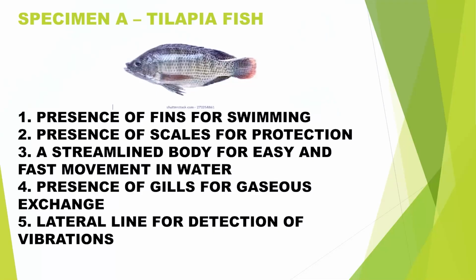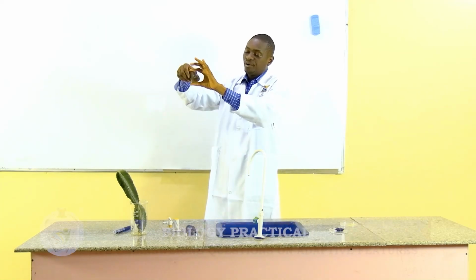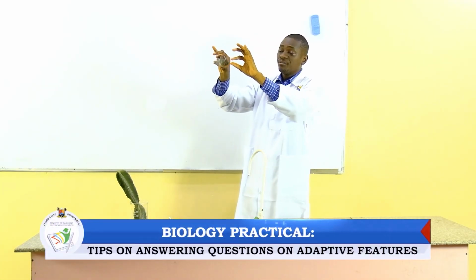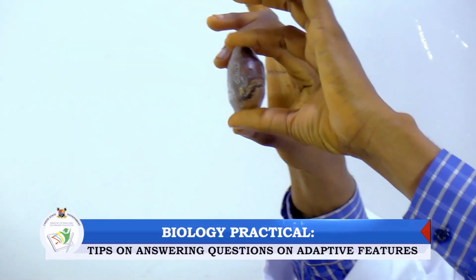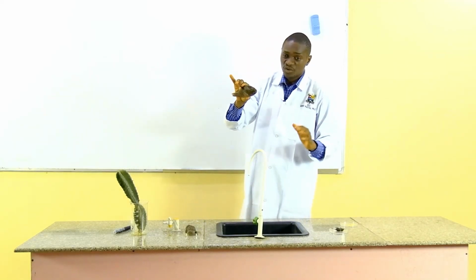And number 3, on this same specimen A, is that it has a streamlined body. When we say streamlined body, we mean that it's pointed. This streamlined body enables it to swim in water.